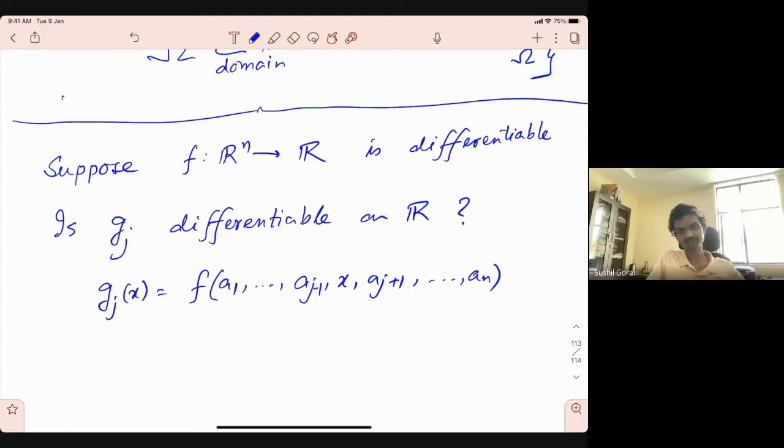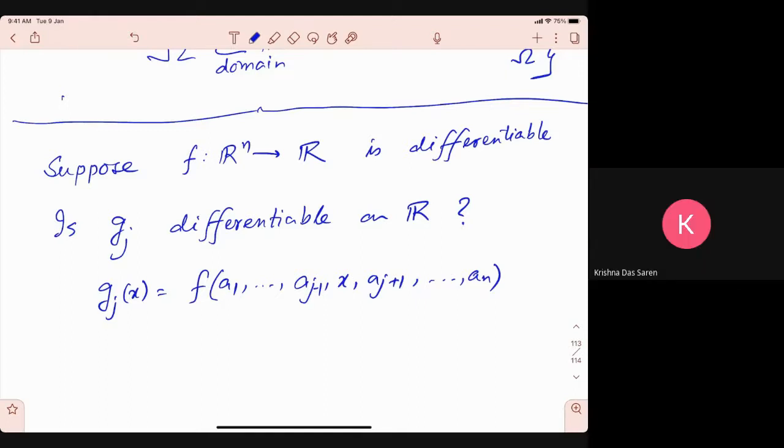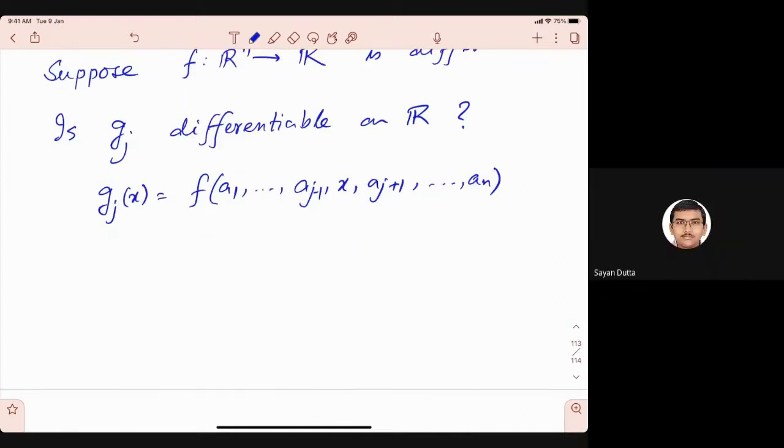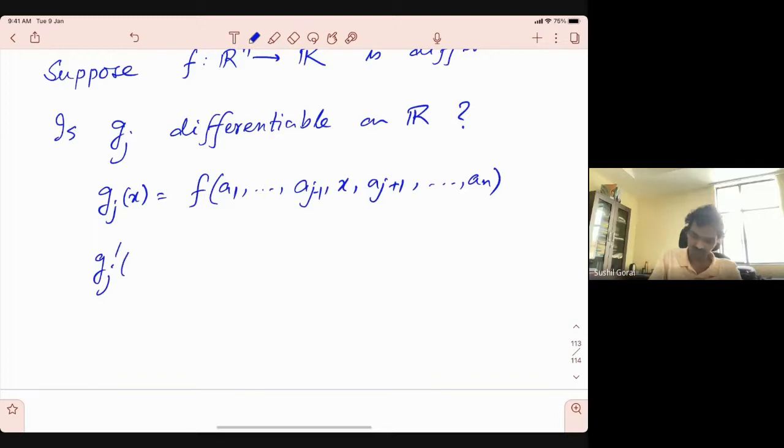It is del f by del xj at (a1, ..., a_{j-1}, x, a_{j+1}, ..., an). So gj prime of x is del f by del xj.